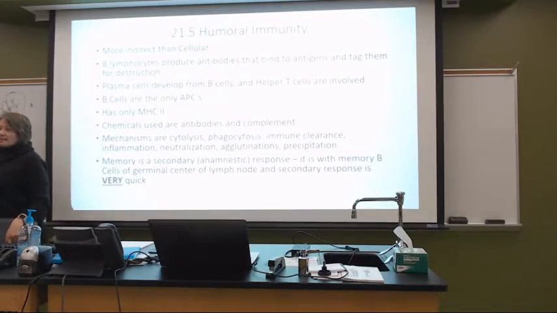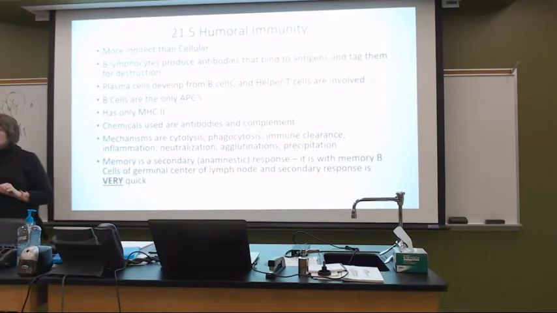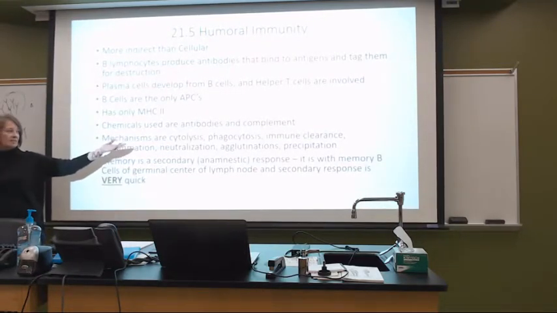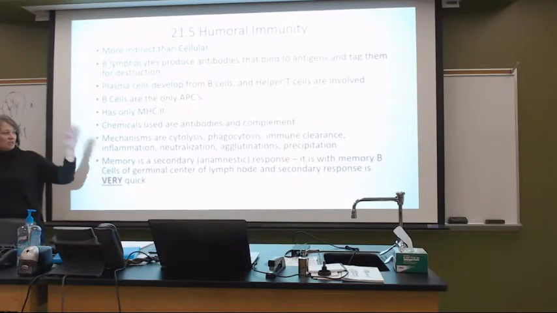Those antibodies want to tag the foreign piece to get it destroyed. The ways that we can go about it, once again, are cytolysis against a cell, phagocytosis, immune clearance, inflammation, neutralization, agglutination, precipitation.